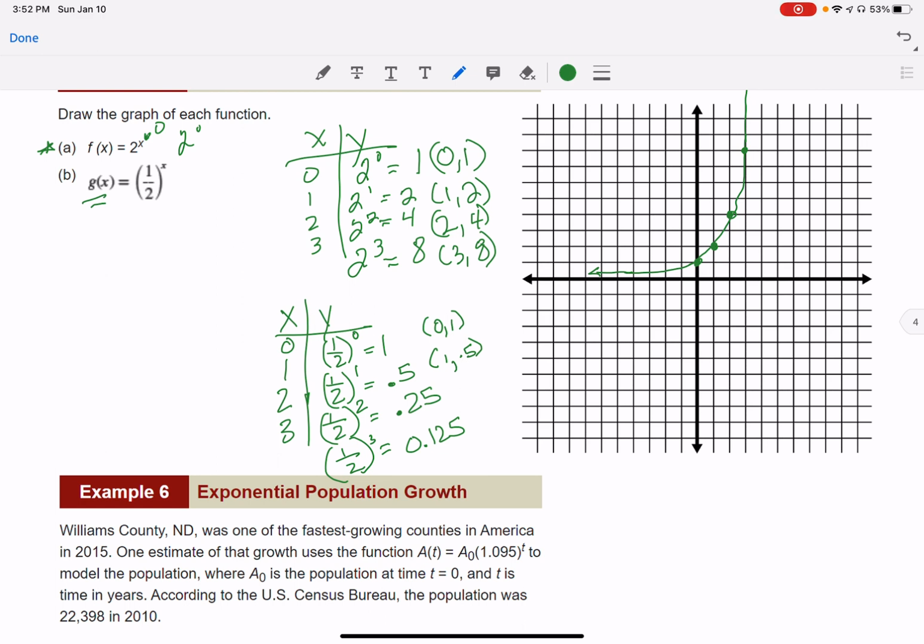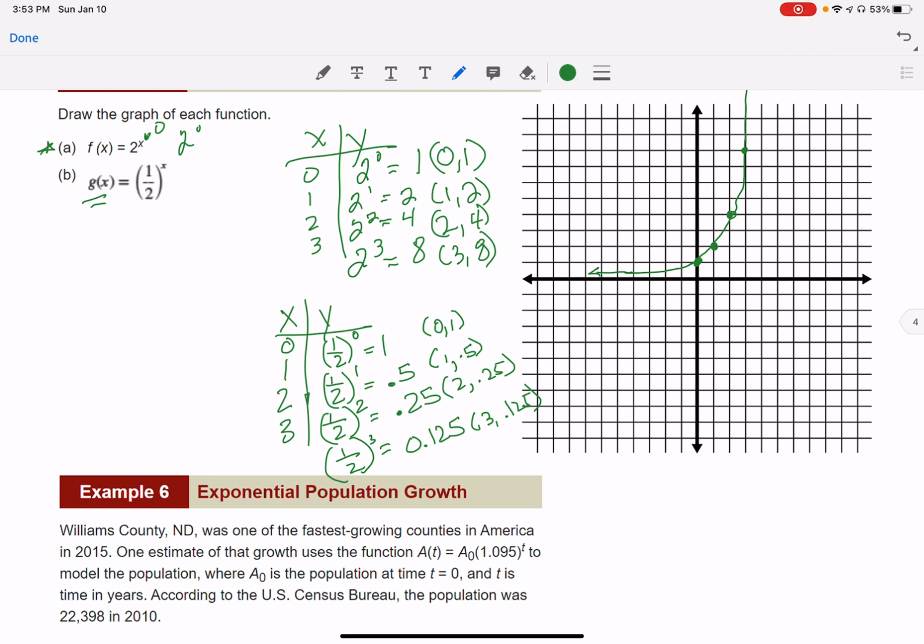So my points are (0, 1), (1, 0.5), (2, 0.25), and (3, 0.125). Okay, so I'm going to put those points on my graph. When x is 0, y is 1, same point here.